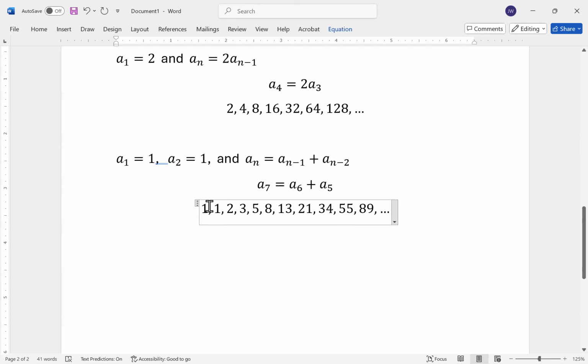By the way, this sequence here, 1, 1, 2, 3, 5, 8, 13, 21, actually has a special name. That's called the Fibonacci sequence.